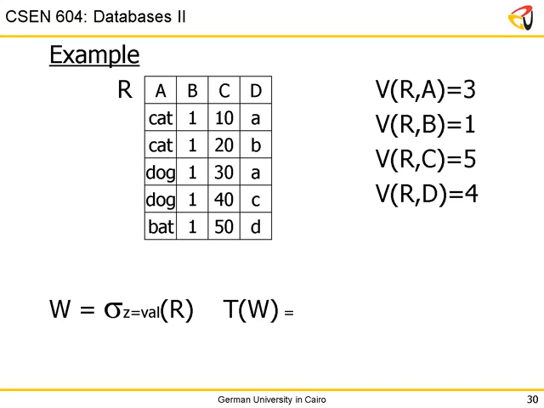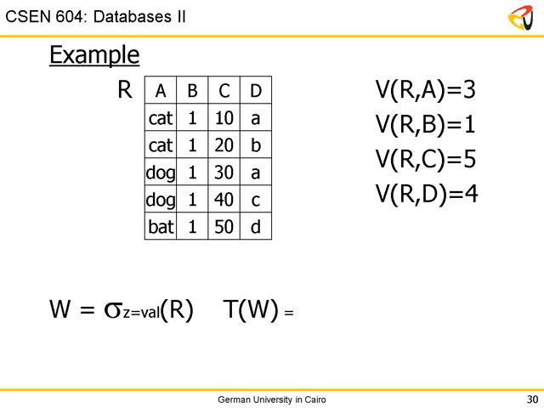If I was querying this column and val was cat, it would have been 2. If val is dog, I would get 2 rows in my result set. And if my val was bat, then the result set size would be 1.